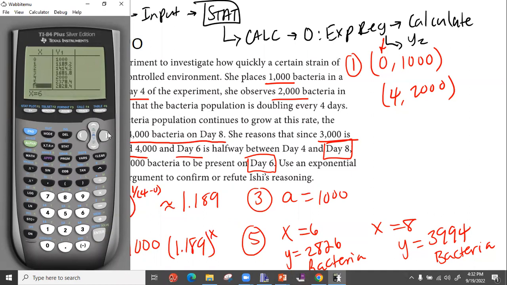It's actually 2 more bacteria, 2,828. And here we have 4,000. So 8 is 4,000. Notice how that rounding of the decimal really can alter, especially with exponentials, because of how quickly they grow. So be mindful of that as you're working. You want to hold on to as many values as possible.